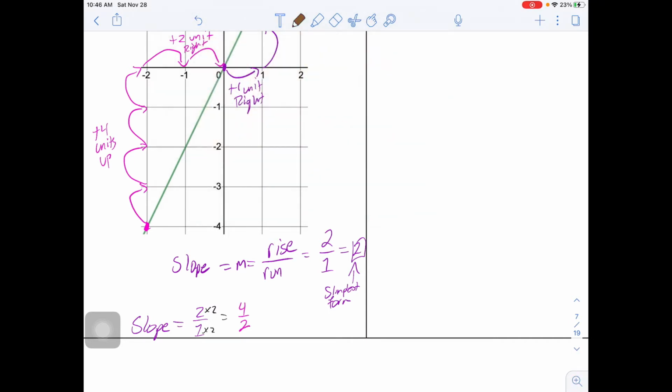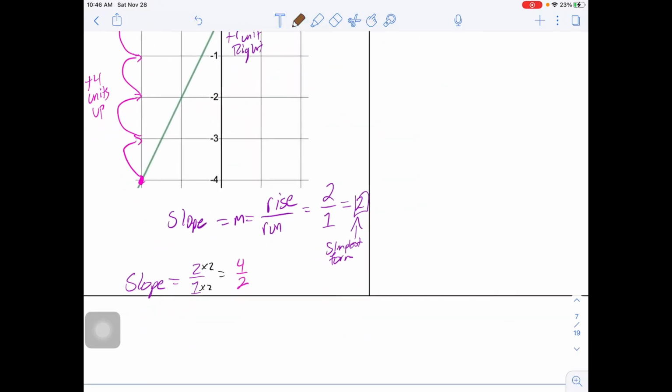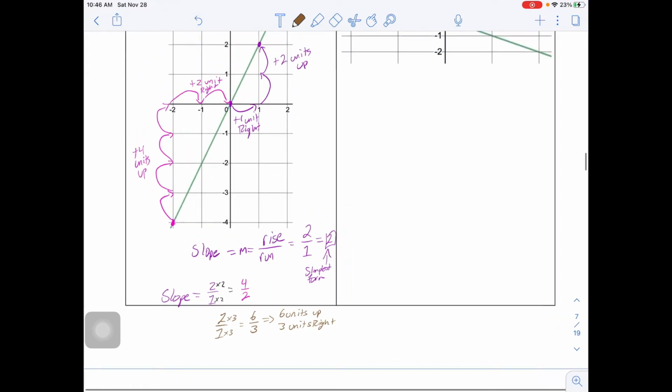What happens if I multiply 2 over 1 by, let's say, 3? Well, that's going to give me 6 over 3. So in this case, this is 6 units up, 3 units right. Let's see if that works.